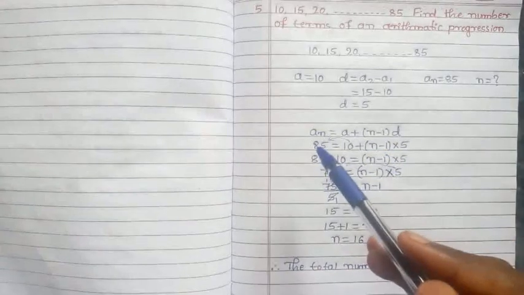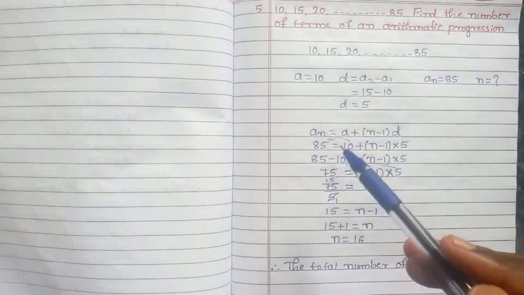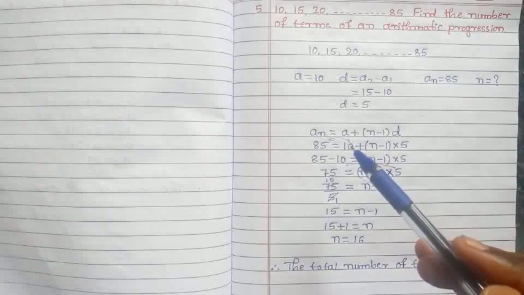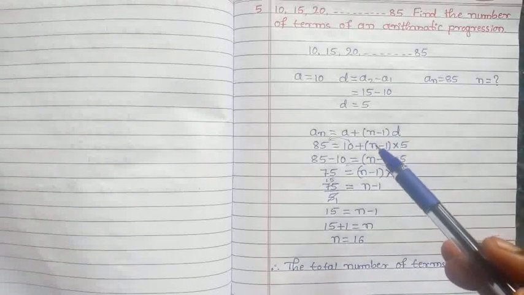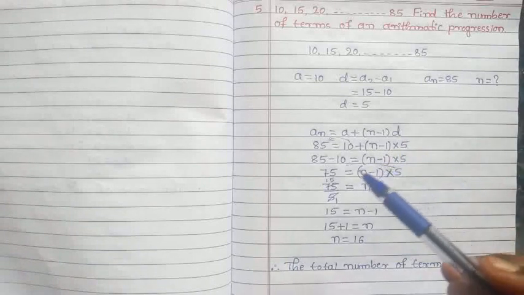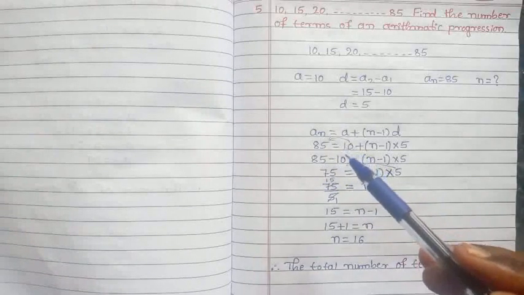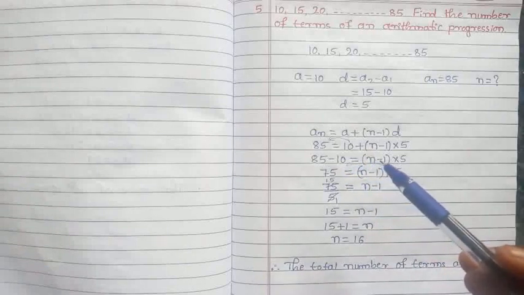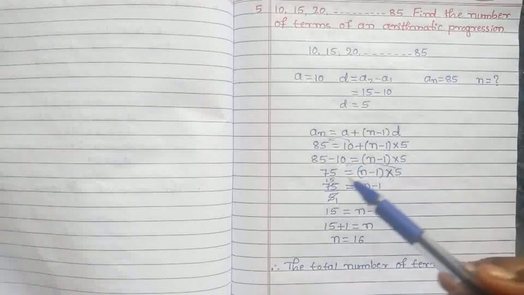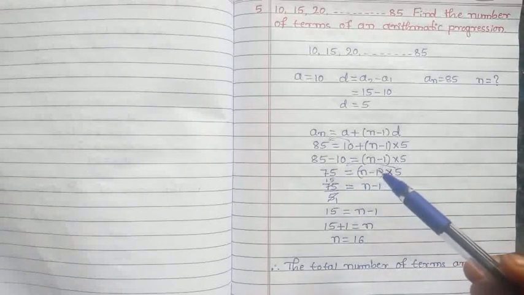By using the formula an is equal to a plus n minus 1 into d, 85 is equal to 10 plus n minus 1 into 5. Then 85 minus 10 is 75, equal to n minus 1 into 5.